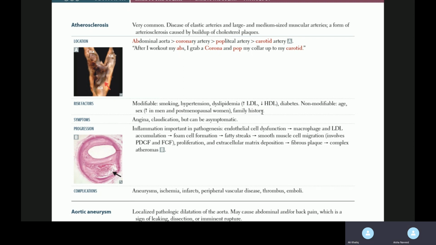The reason is that obesity is debatable. Why? On one side, you can say that an obese patient has too much lipid, which can cause atherosclerosis. On the other side, an obese patient has an enzyme which converts testosterone into estrogen, and estrogen prevents the development of atherosclerosis and MI in them.